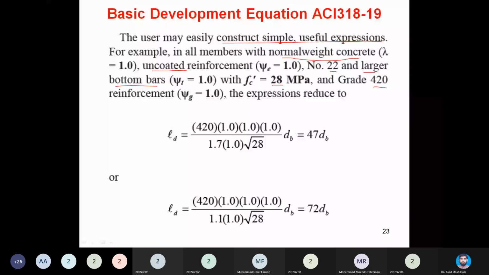So you want to now estimate the tension development length. Definitely you will ask for the detailing, that for the bars for which you are calculating the LD, what are the cover and the clear spacing between the bars. So can you apply the first row or second row?